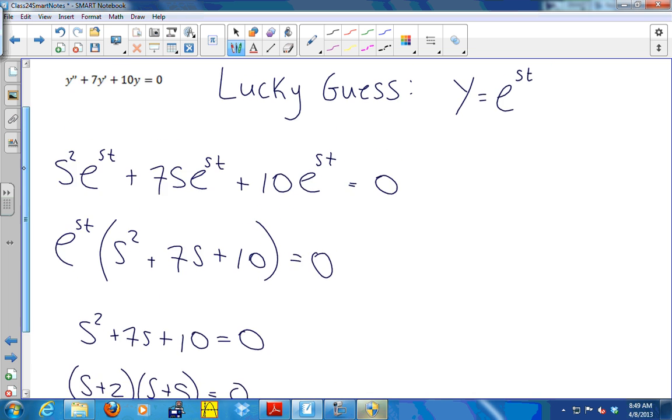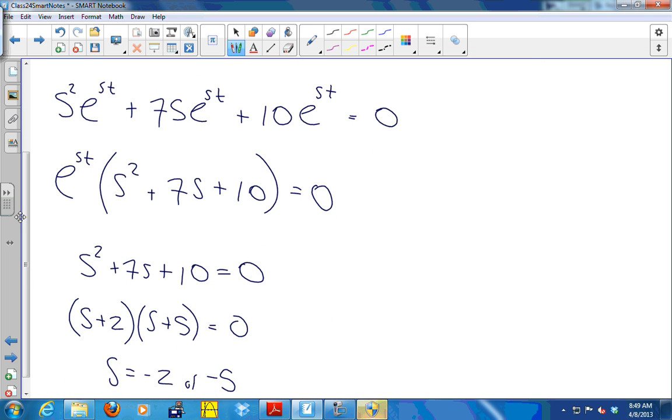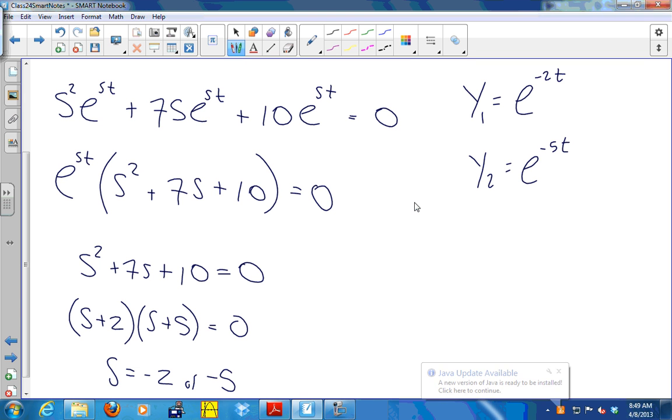So I have y1 is e to the -2t and y2 is e to the -5t. All right, and then one of the principles of linearity says that now I can take a linear combination of my two solutions. I just need any two solutions. They don't have to be the straight line solutions.